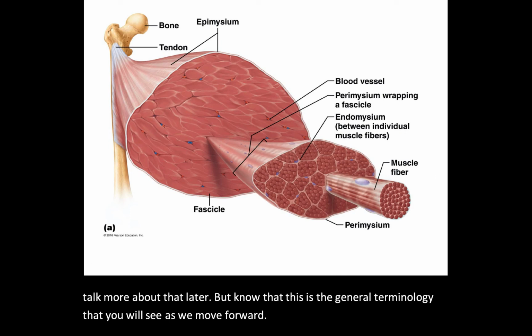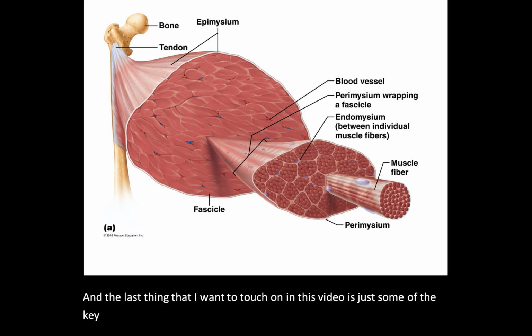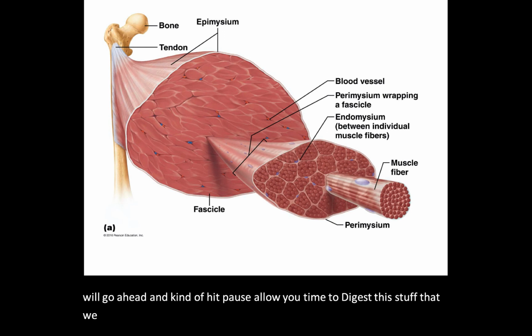And the last thing that I want to touch on in this video is just some of the key organizational structures that we have in skeletal muscle. Then we will hit pause, allow you time to digest the stuff that we have already talked about, and then come back with the first look at how muscles contract.